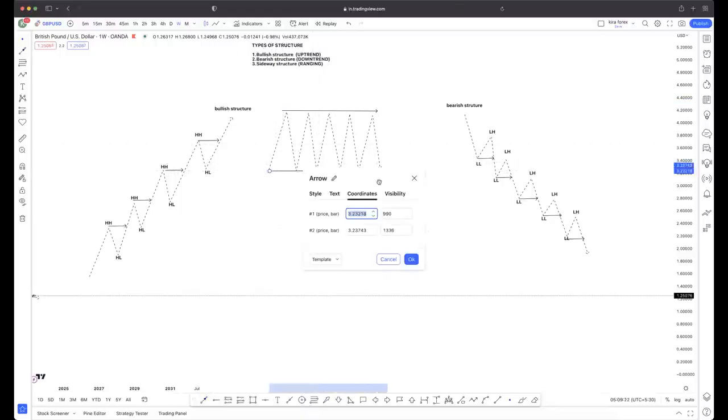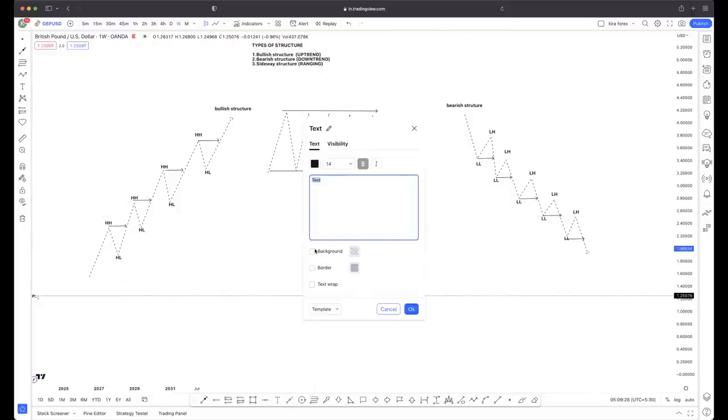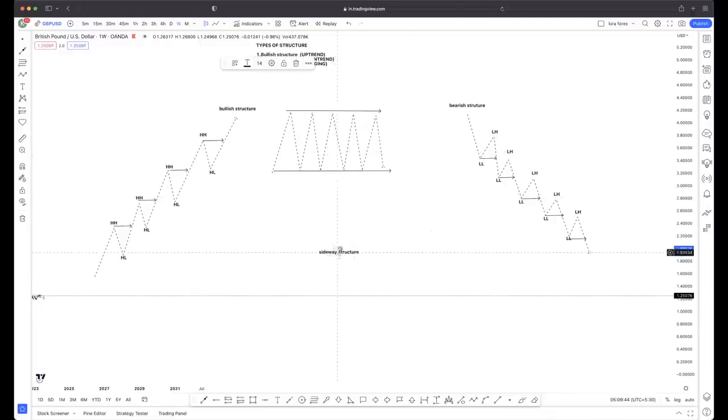So let me put the text there for you to see the difference between what I am saying. So we have equal high, sideways structure. So this is our sideways structure.